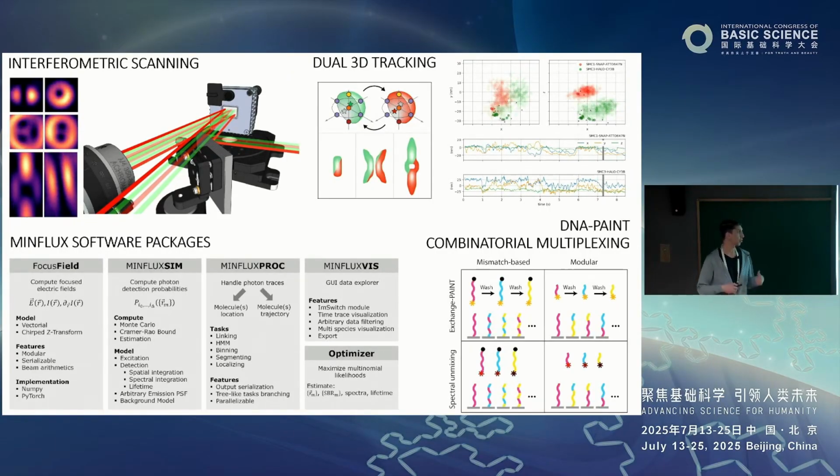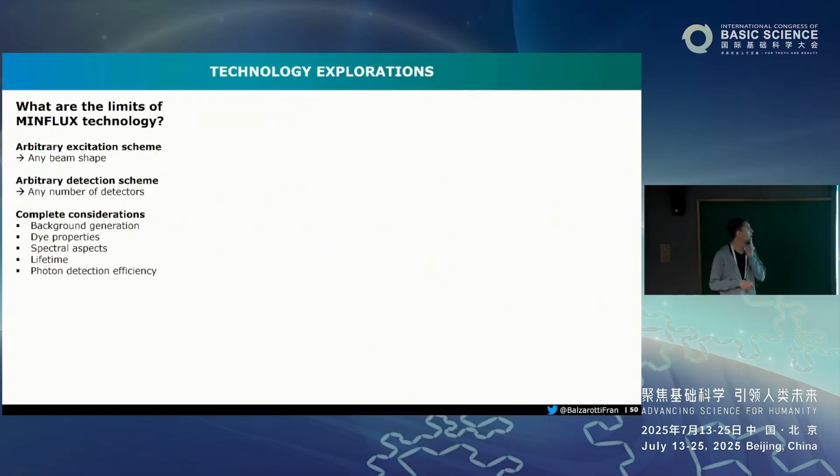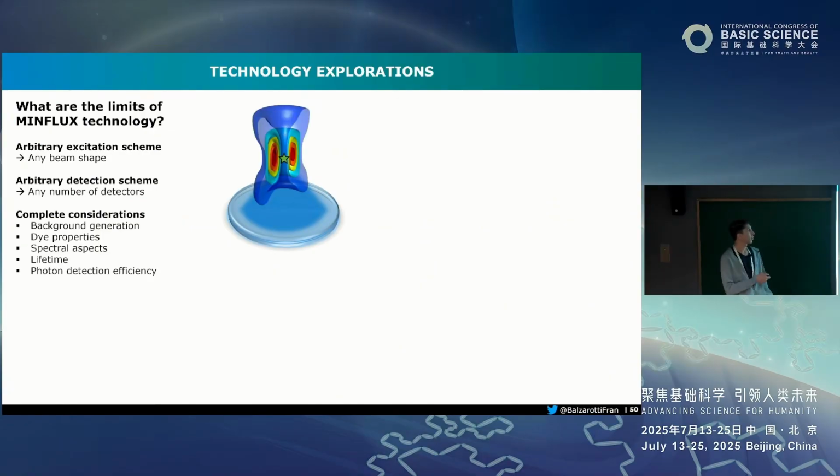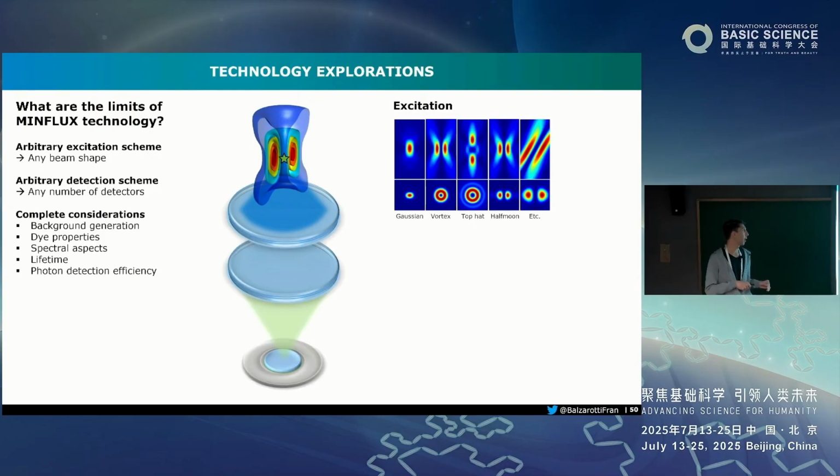And finally, we're also diving into combinatorial multiplexing strategies to look at flexible molecules like DNA and RNA at this resolution. So also we're exploring this technology because, as I said, sure, I have a molecule, I excite it, and I can use this beam, but I can use many shapes there. What is the optimization process? Where could it take us?